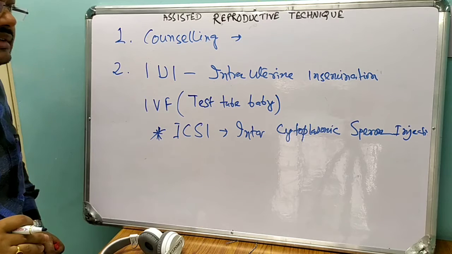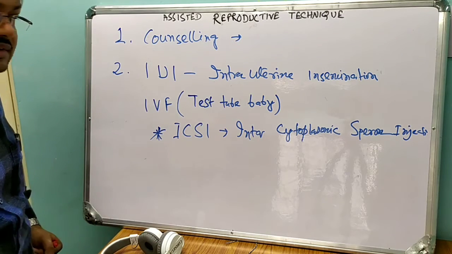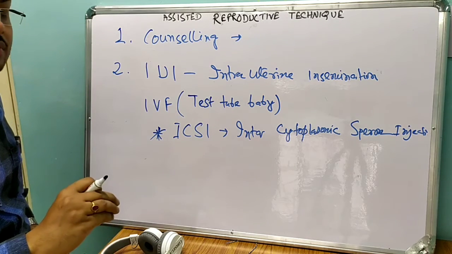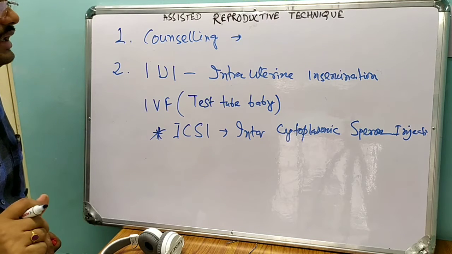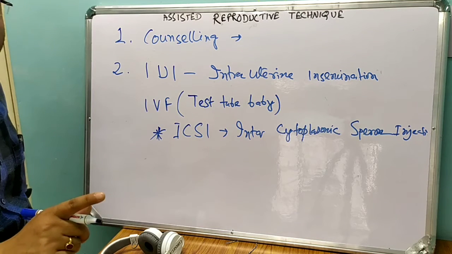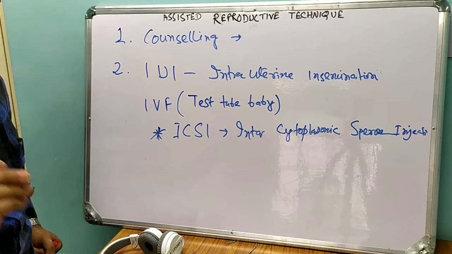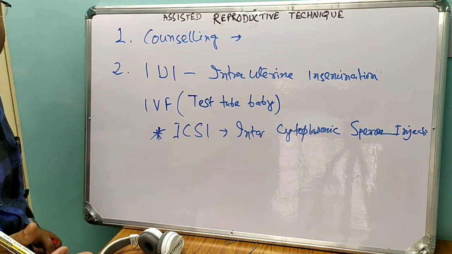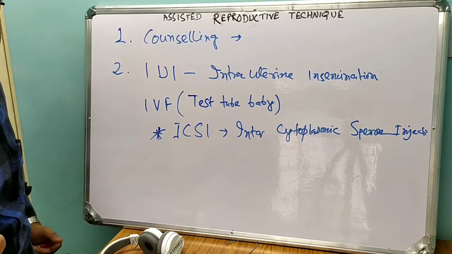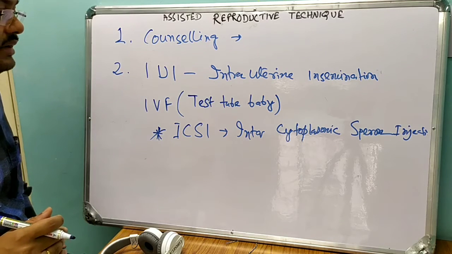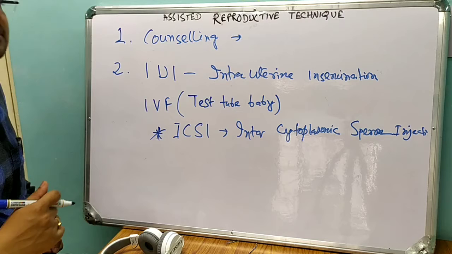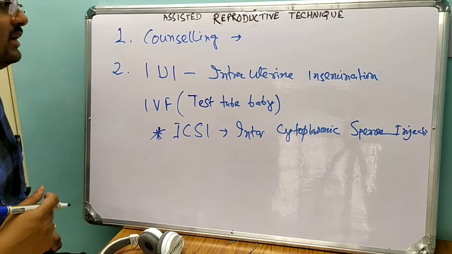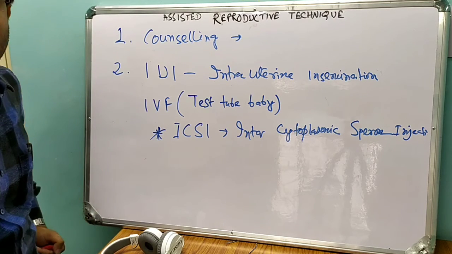Say, for instance, the male subject wants his own baby, no donor sperm should be used, and he is producing very little sperm. Normally more than 20 million per ml of sperm should be there, but say one person is producing about 3 or 4 million. So normally there will never be any kind of pregnancy.